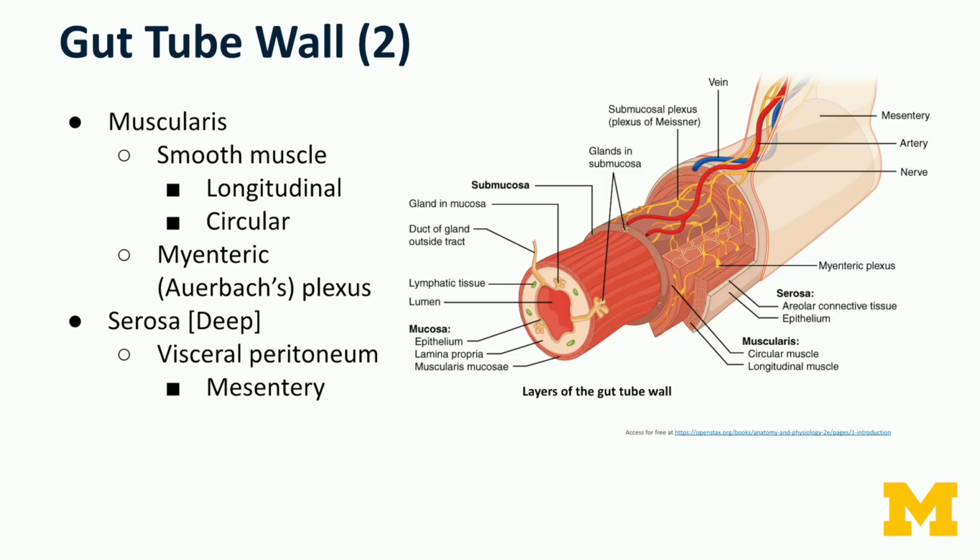But the 2 layers are a longitudinal layer, and this happens to be the deeper of the 2 layers, and a circular layer. And so these 2 differently oriented layers of smooth muscle are going to be responsible for 2 distinct types of motion of materials through the lumen.